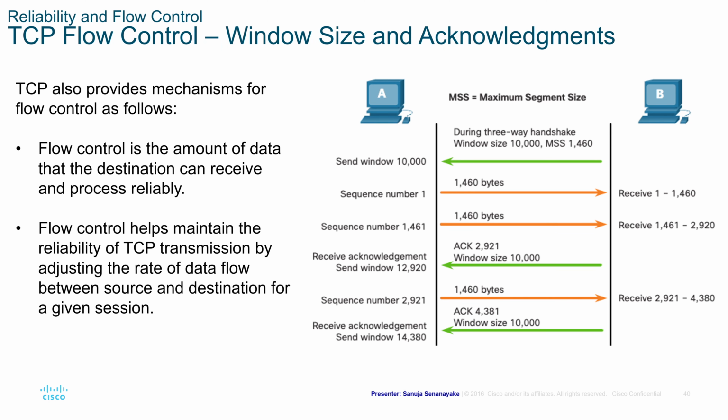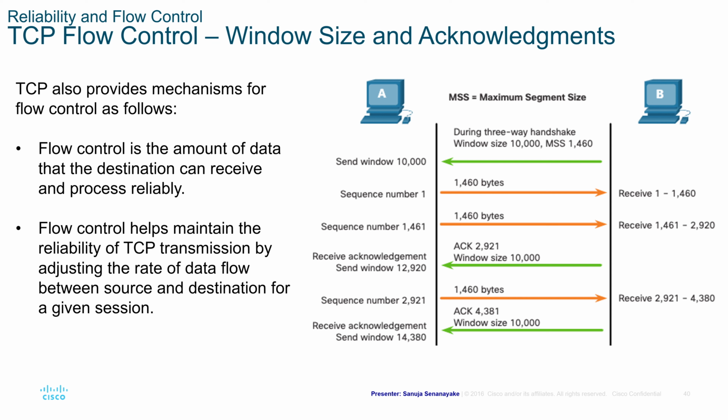TCP flow control, window size and acknowledgements. TCP also provides a mechanism for flow control by using the window size and the acknowledgements of that information. Flow control is the amount of data that the destination can receive and process reliably. Flow control helps maintain the reliability of TCP transmission by adjusting the rate of data flow between source and destination for a given session.